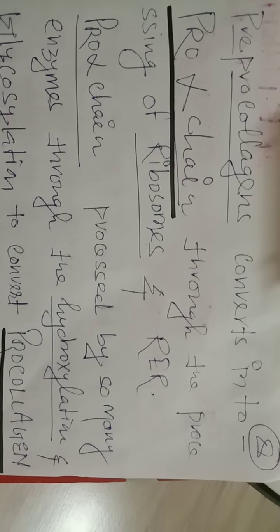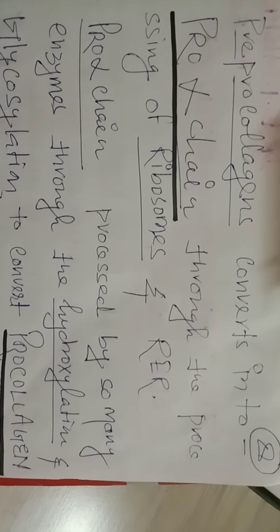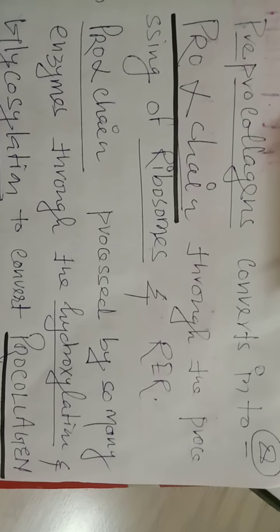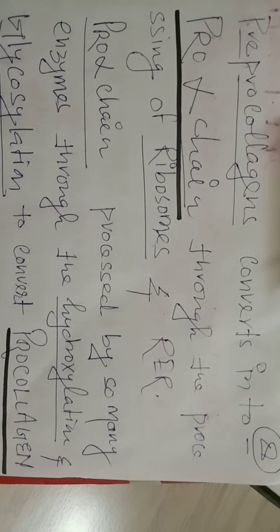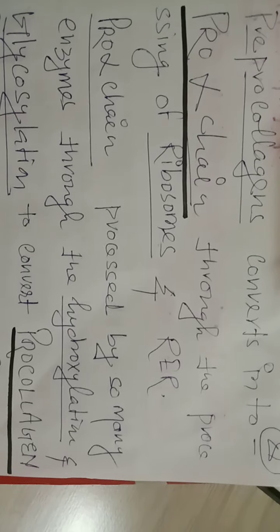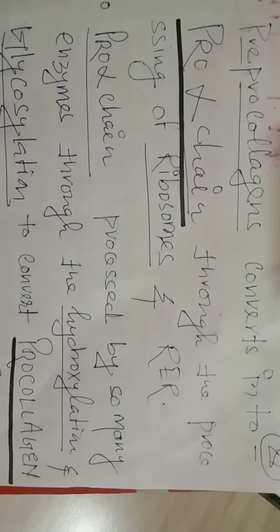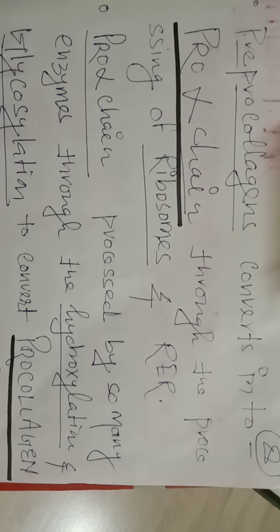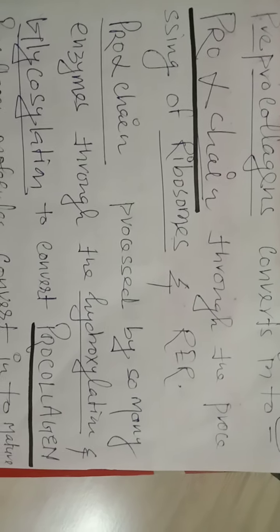And this pro-alpha chain will form with the help of the processing of the ribosomes and RER, rough endoplasmic reticulum. So there will be a lot of processes by the ribosomes and rough endoplasmic reticulum. This pre-procollagen will convert into the pro-alpha chain.